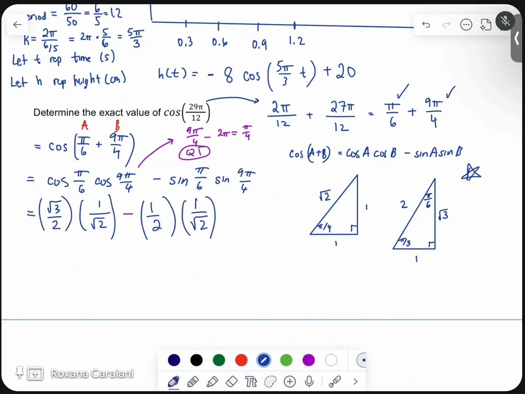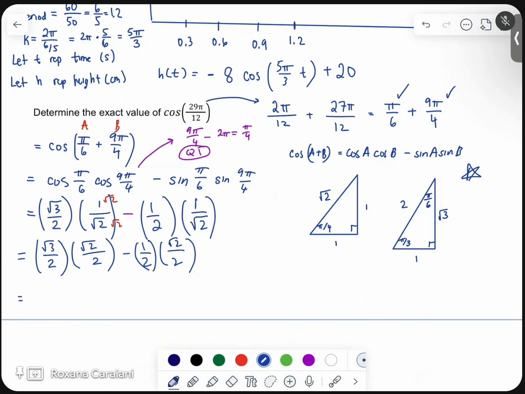Now, before I do my multiplication, I do want to rationalize the denominator of 1 over root 2. So, reminder, I'm multiplying top and bottom by root 2, because we should not have radicals in the denominator. And once we're here, I will multiply my numerators, multiply my denominators, and then subtract the fractions.